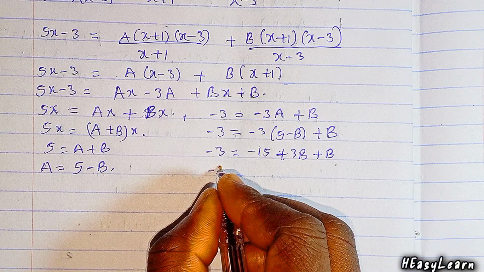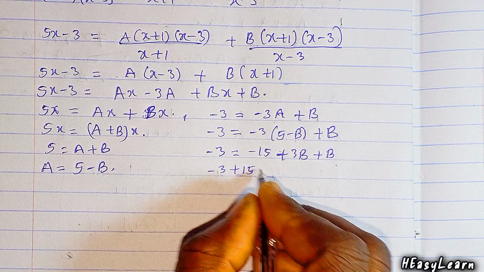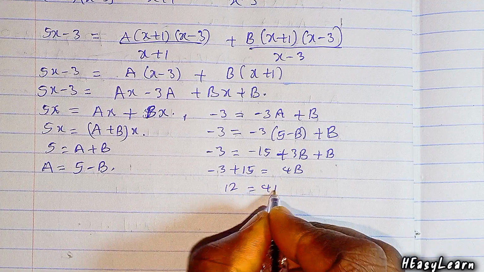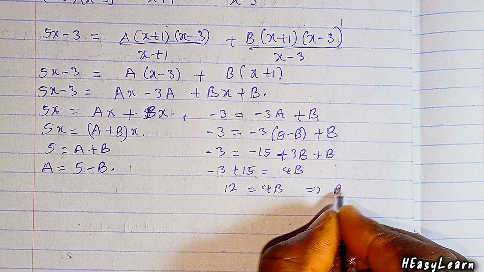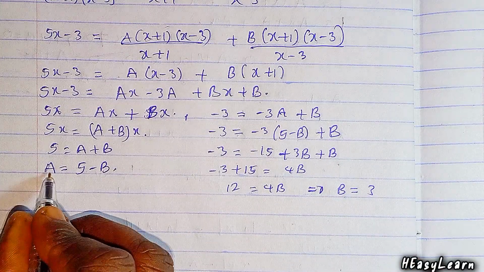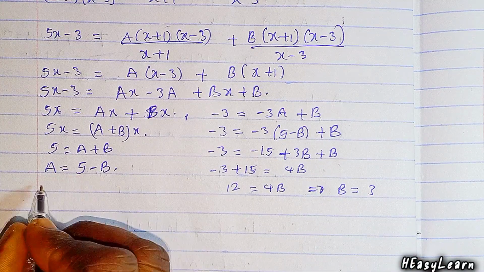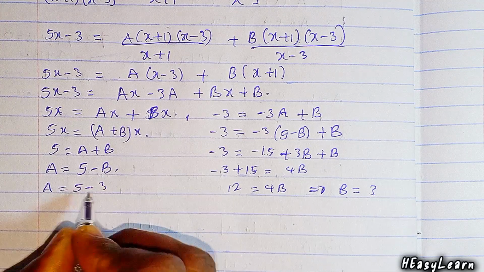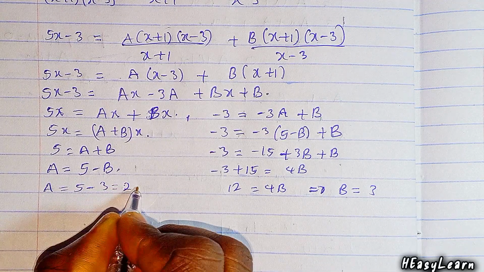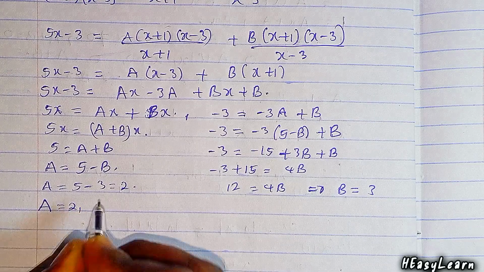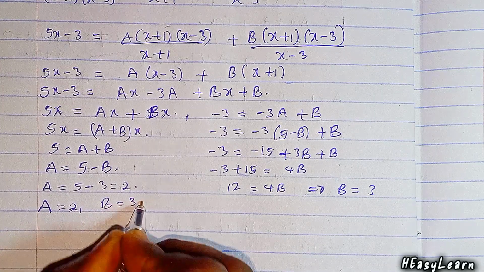This is the same thing as minus 3 plus 15 equals 4b. 12 equals 4b. This implies that b equals 3, but from here we have a equals 5 minus b. a will be equal to 5 minus 3, which is equal to 2. So the undetermined coefficient a is equal to 2 and b is equal to 3.